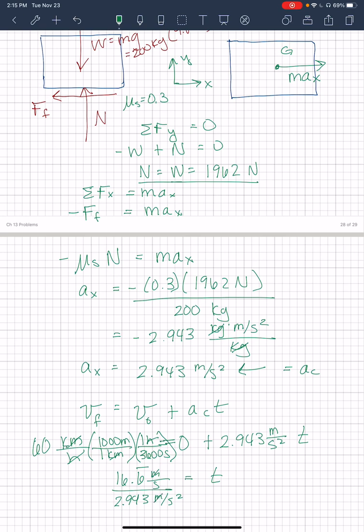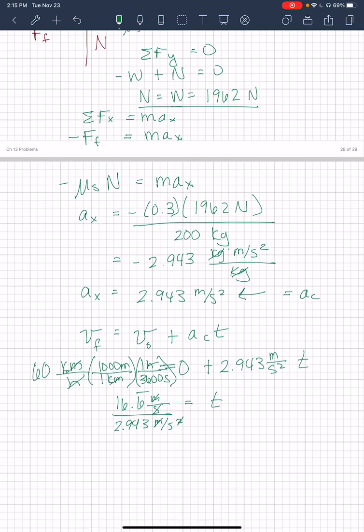So the meters cancel out, one of the seconds cancels out, so we just get seconds, so that unit is right. 16.666 divided by 2.943 gives us 5.66 seconds.